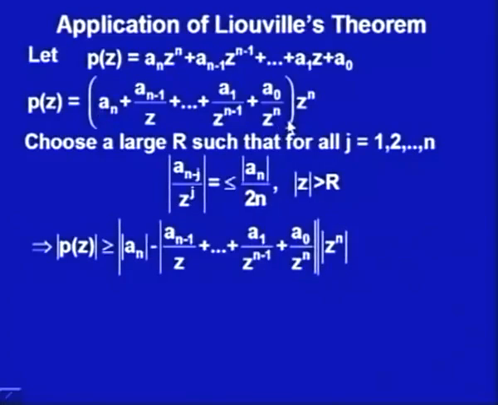Now, see this bracketed value. This is the sum of many values. Using the inequality of absolute numbers, first I am taking this a_n out, so |a_n| minus |a_{n-1} upon z and so on, plus a_1 upon z^{n-1} plus a_0 upon z^n|. Again, for this one, I would use the inequality.